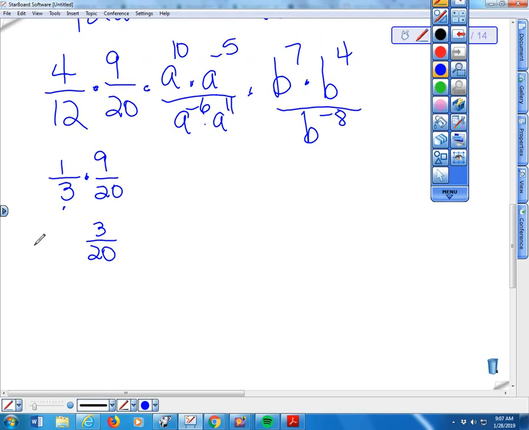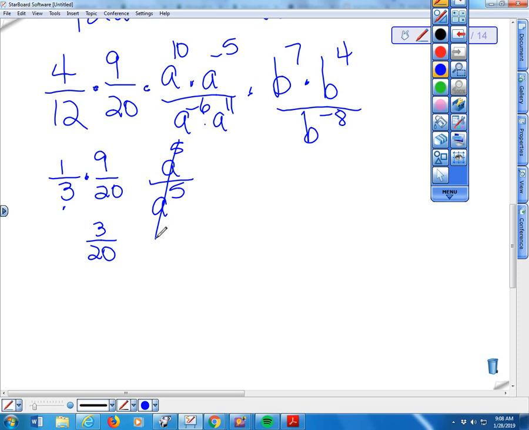Well, I know when I multiply the same base, what do I do to the exponents? You add them. So in the numerator here, I have 10 minus 5, which is 5. In the denominator, what do I have? -6 plus 11. 5. Well, that's just 1, right?